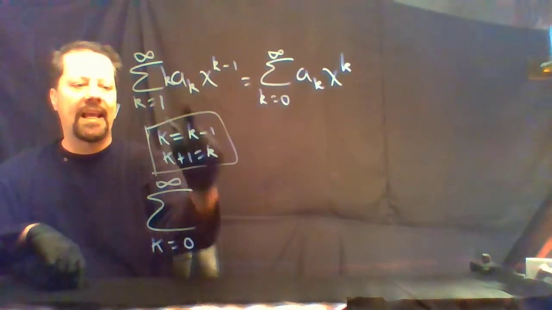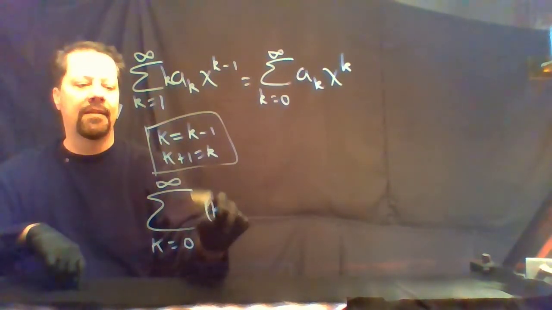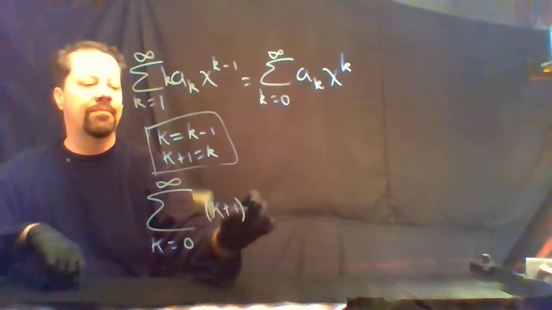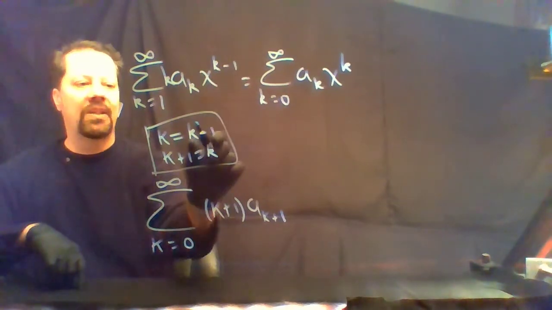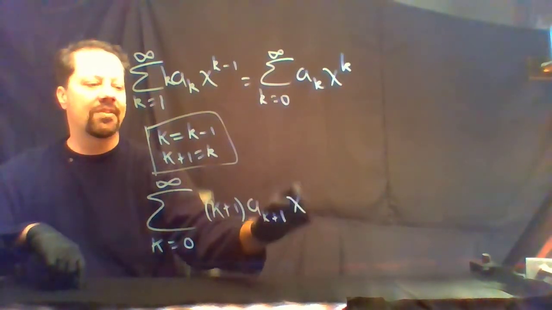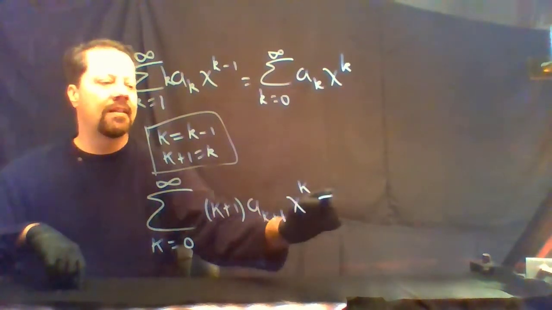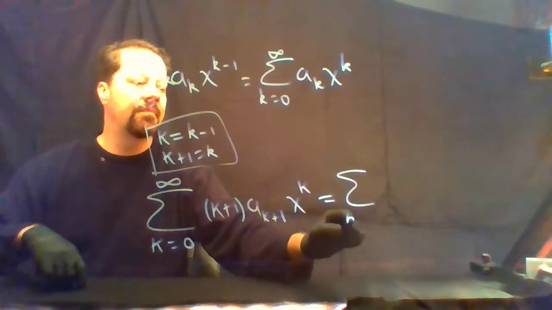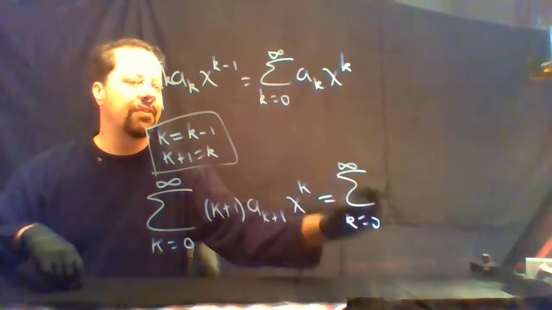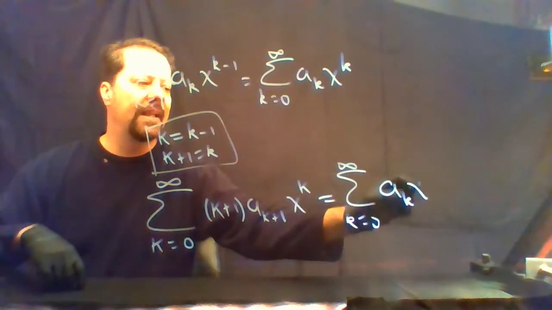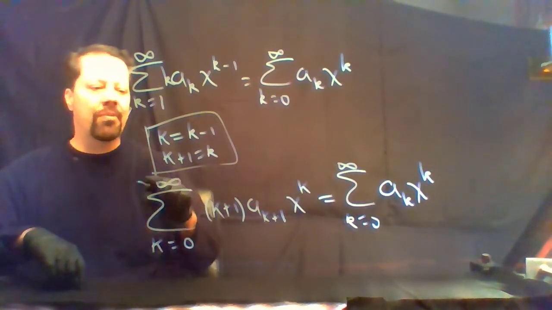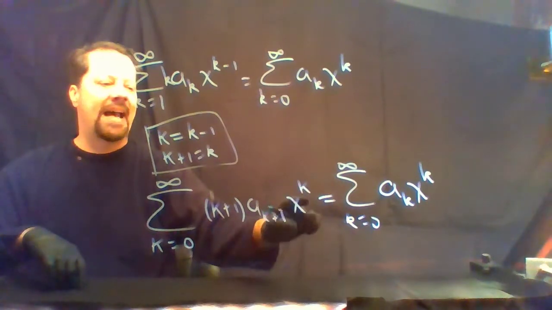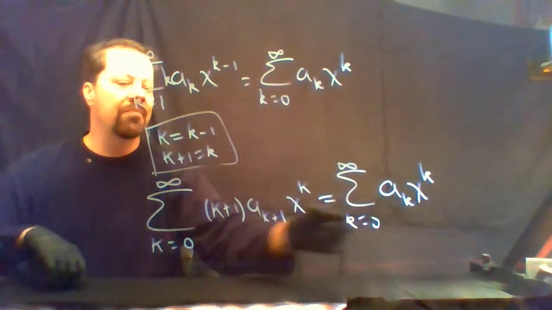The old k gets replaced by k plus 1, and x to the k minus 1 is going to be x to the new k. That's going to be equal to the sum as k goes from 0 to infinity, a sub k x to the k. Now both sums have the same power on x.